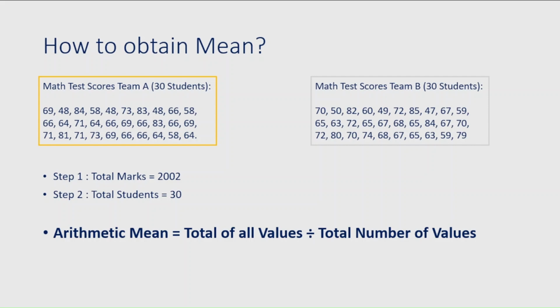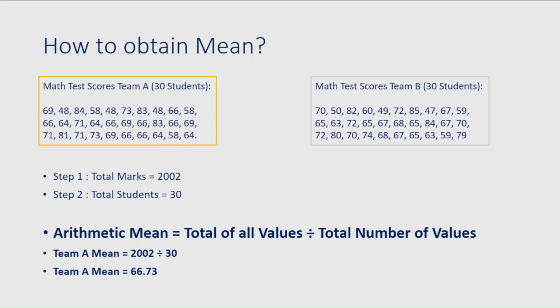So in our case, total of all values is 2002 and total number of values is 30. Thus, mean for team A is equals to 2002 divided by 30, which is 66.73. So this 66.73 is the average marks obtained by students of team A.